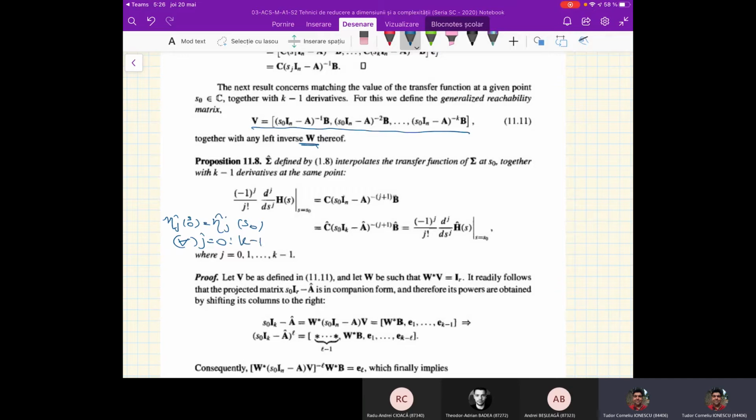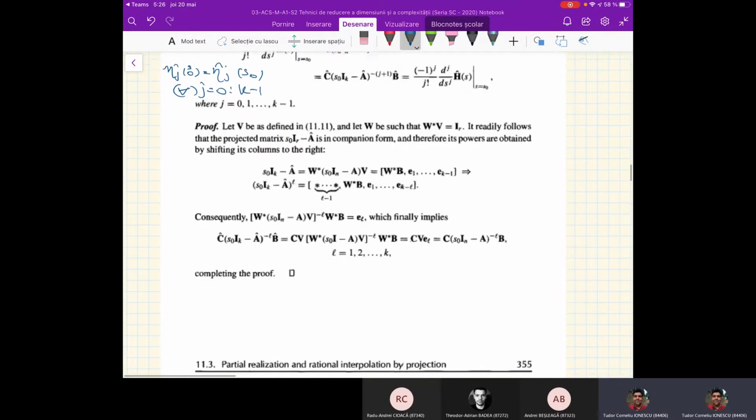So this again happens. So look, specific forms of V and W matrices achieve moment matching.